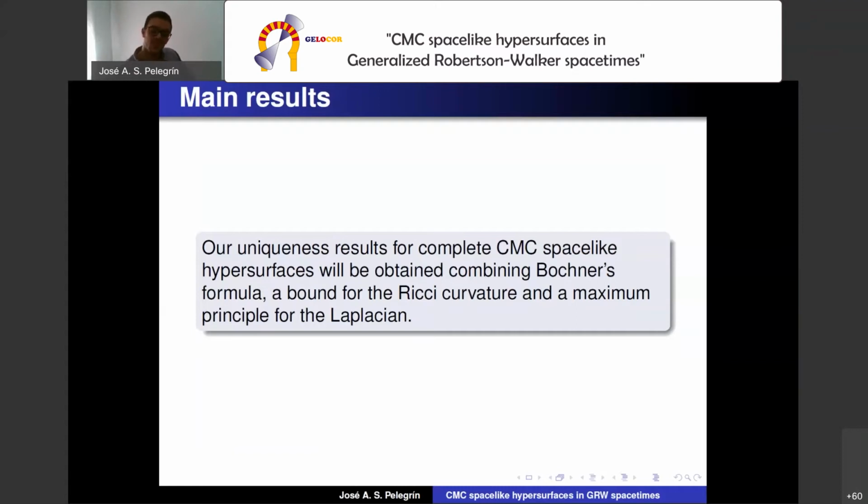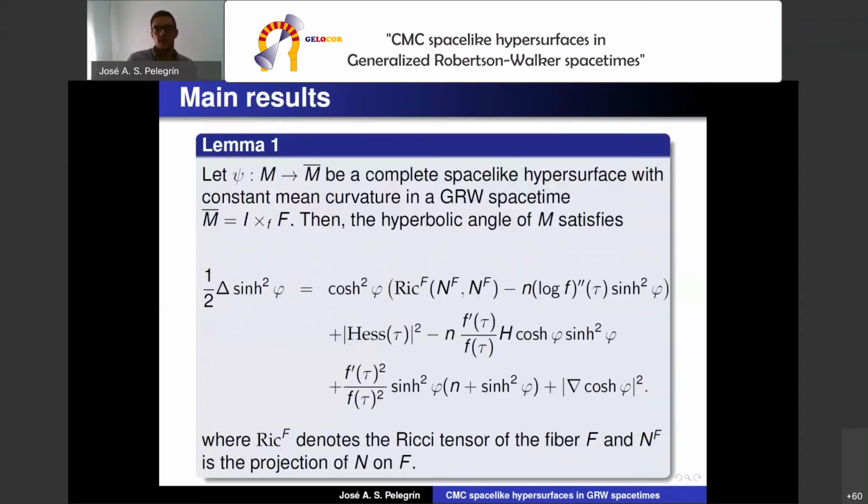Okay. So let me introduce briefly the tools that I'm going to use to reach our main result. And the first one is a lemma that states that given a complete CMC space-like hypersurface in a GRW spacetime, then the Laplacian of the square of the hyperbolic sine has this expression here.